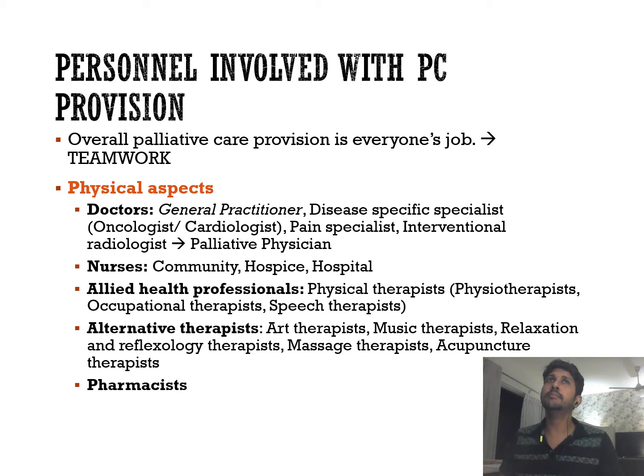So there are patients with cancer who are suffering from intractable nausea and vomiting that are not responding well to the pharmacological therapies that you administer. Then we can seek the help of an acupuncturist.